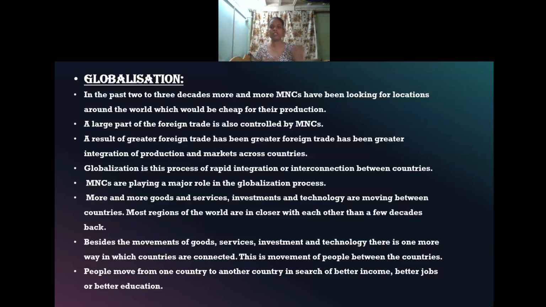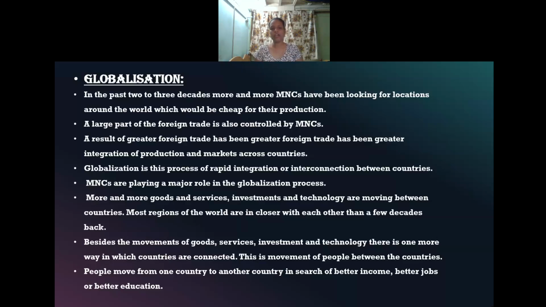More and more goods and services are being launched so that people get more choices to choose their own brands and consumer goods. That is why most regions of the world are closer to each other than a few decades back. We see a close connection between countries at present due to foreign trade.